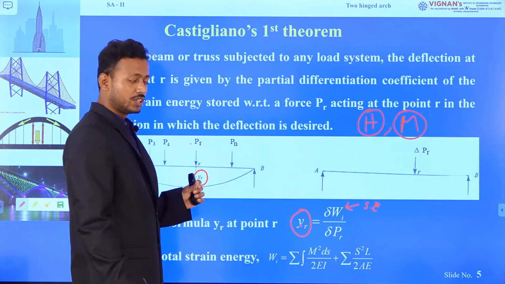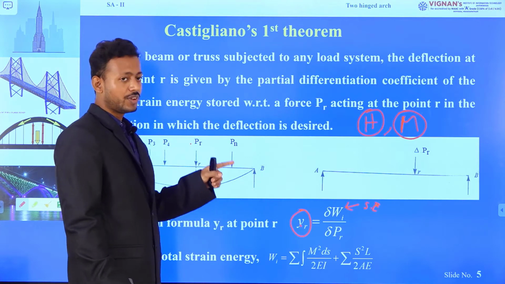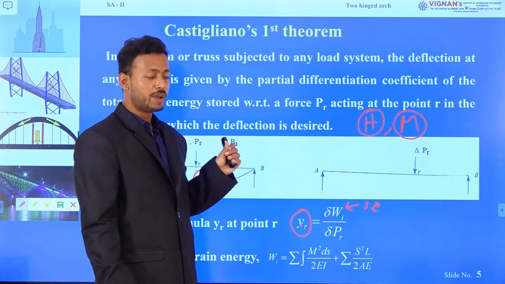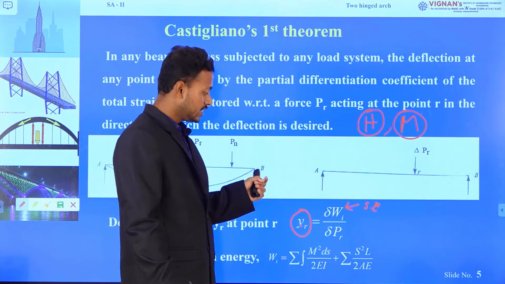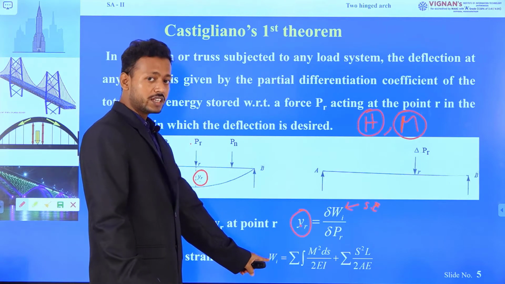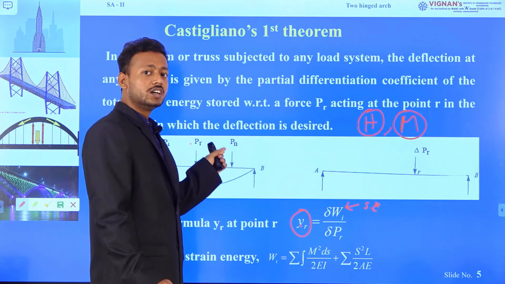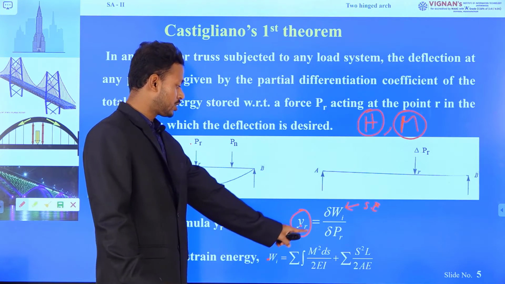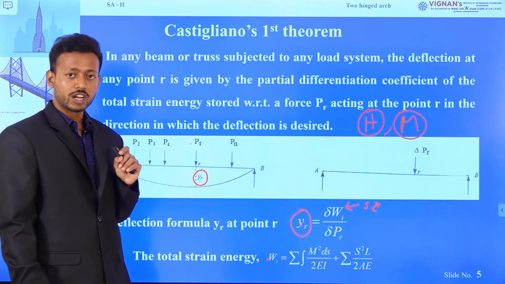The strain energy equals the integration of M square ds by 2EI plus the sum of S square L by 2AE. EI is the flexural rigidity, M is the bending moment, S is the axial force and L is the length of the span. So, I will put Wi, that is the strain energy due to the load system stored in the beam system, take the partial derivative of W with respect to the load Pr and get the deflection at point r. In this way we can calculate the deflection at point r.